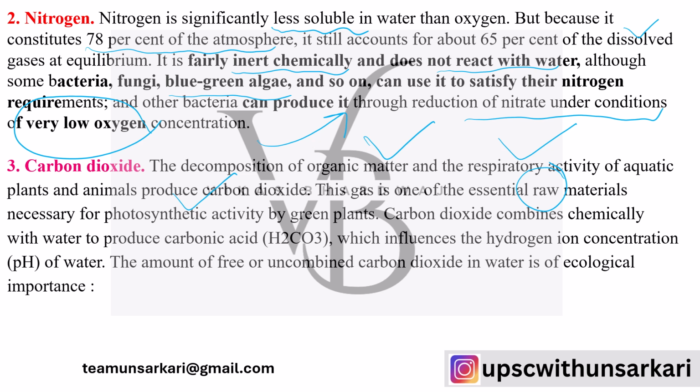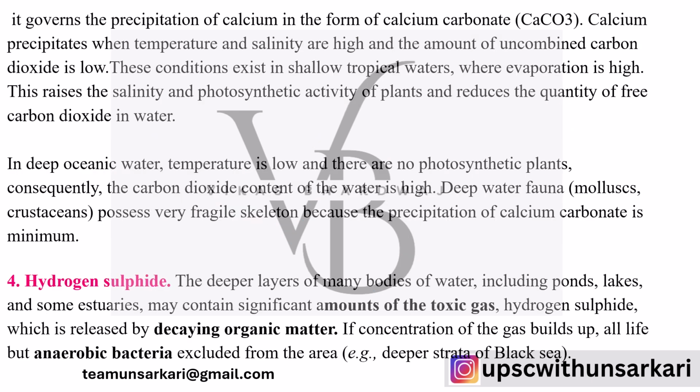Carbon dioxide combines chemically with water to produce carbonic acid, H2CO3, which influences the hydrogen ion concentration, the pH, of water. So the amount of free or uncombined carbon dioxide in water is of ecological importance, because it governs the precipitation of calcium in the form of calcium carbonate.